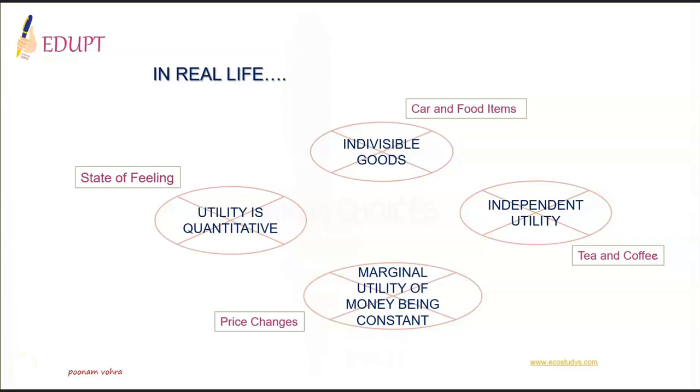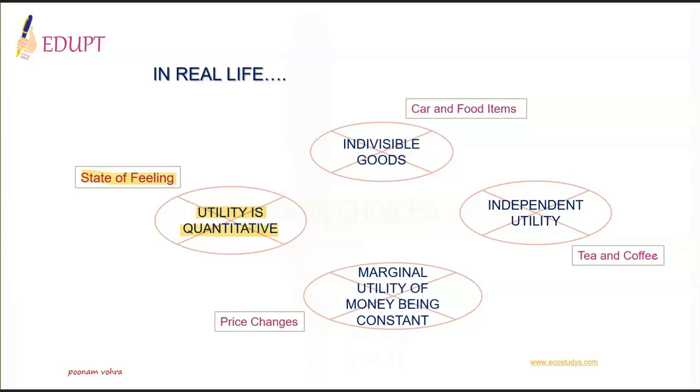the consumer needs to measure utilities of different commodities in cardinal terms. It's not possible simply because satisfaction is a psychological phenomenon and there are no objective units to measure utility.